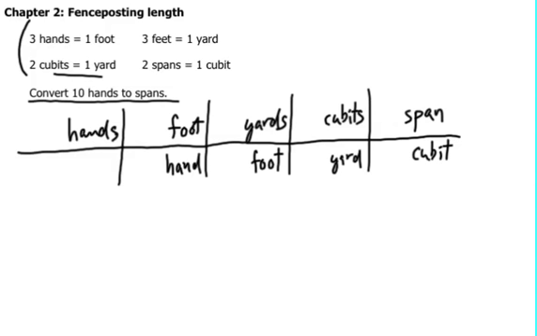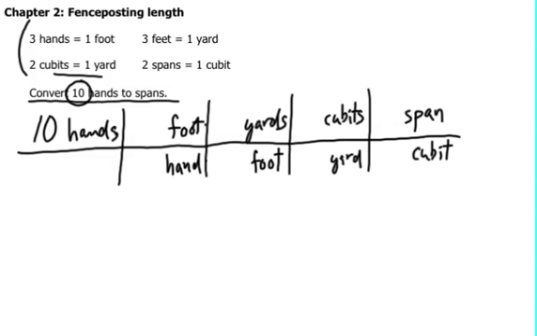Okay. Next, you put in the actual numbers. And you're starting with what the problem gave you, starting with 10 hands. So that's your starting amount. Then you have here foot and hands. And so the conversion factor that we're given is that 1 foot equals 3 hands.